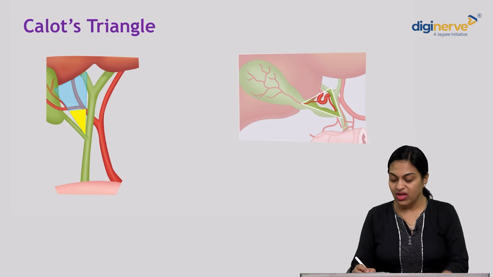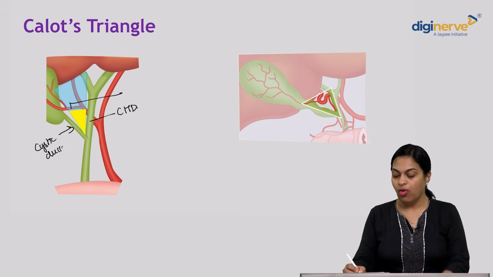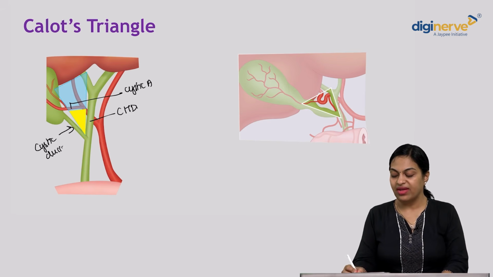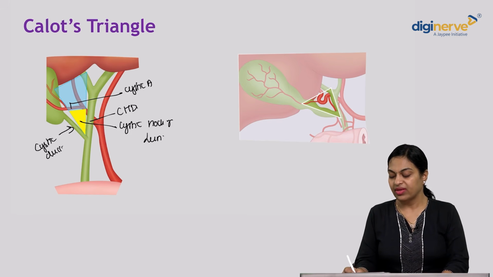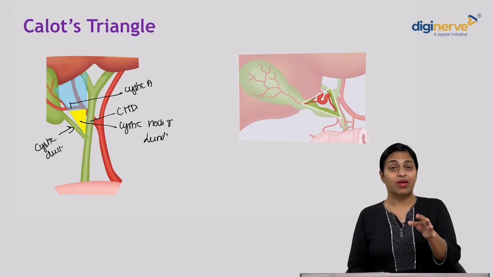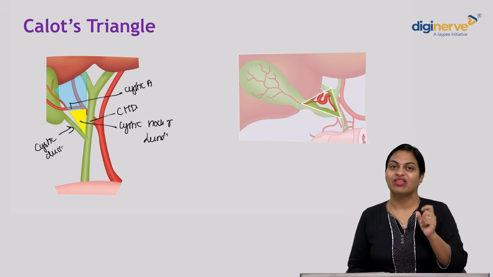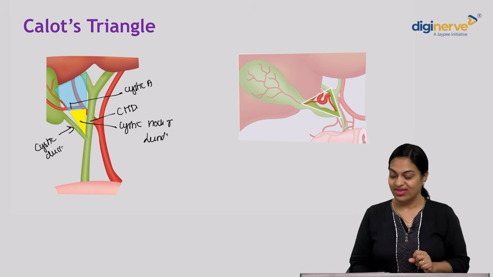Calot's triangle. The Calot's triangle is bound on the right by the cystic duct, on the left by the common hepatic duct, and above by the cystic artery. This Calot's triangle has the cystic node of Lund. The cystic artery comes from the right branch of the hepatic artery, isn't it?